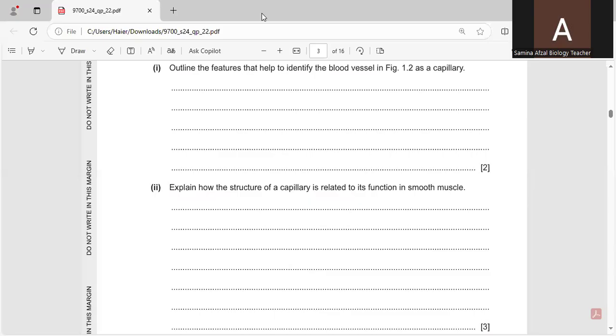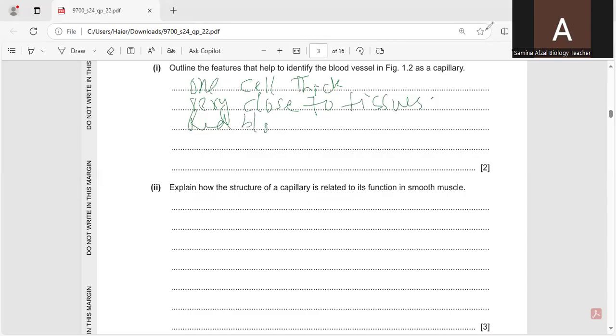And the blood vessel, you can see, is composed of very thin walls. Due to thin walls, it is one cell thick, very close to tissues, and you can see the red blood cells are moving in a single row.